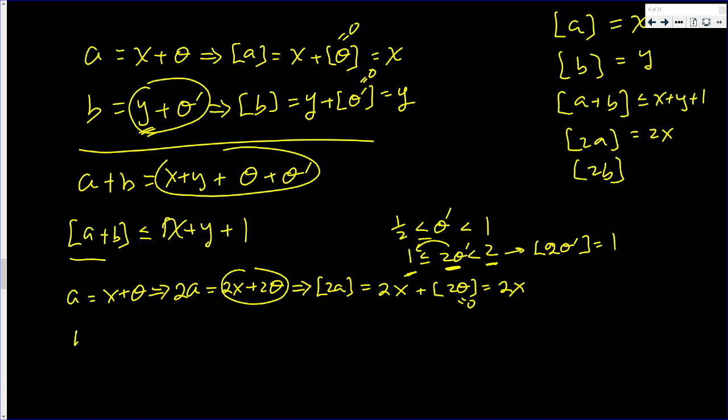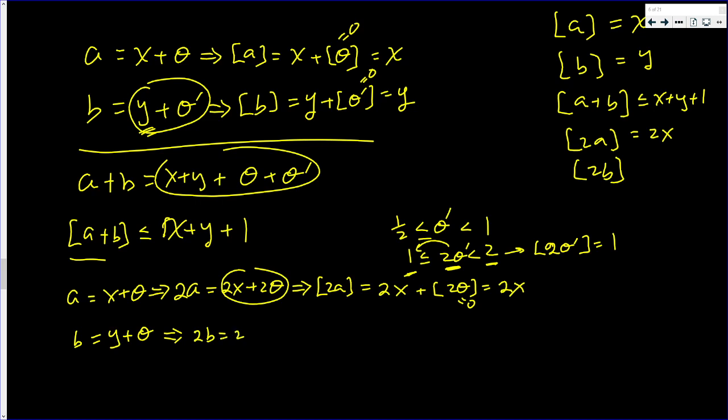Okay, so b is equal to y plus theta prime, which implies that the greatest integer of 2b is the greatest integer of y plus theta prime. Since y is an integer, we proved that it can come in front. Let me just do this correctly.